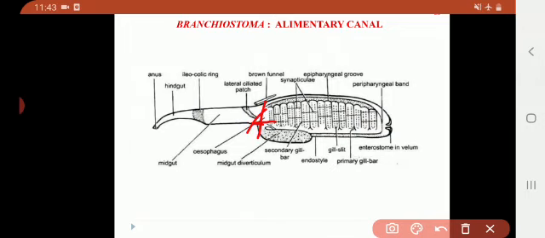This is the esophagus, and at its junction you can see the midgut. This part is the midgut, starting from over here. So this part is the esophagus, and this part is the midgut region. At the junction of the esophagus and the midgut, you can see the midgut diverticula.